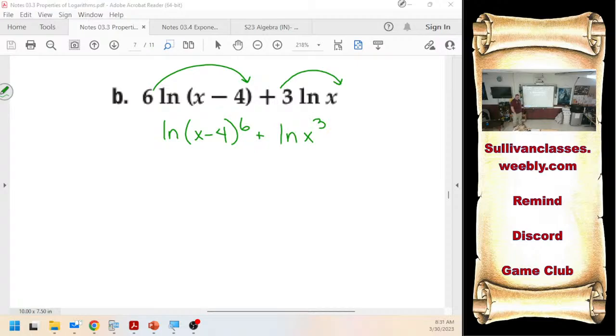And then we have our product property that says if I have separate logs of the same base added together, I can just do a single log of a product. This times this. I'll write it in this order just because usually we put something in front of parentheses.